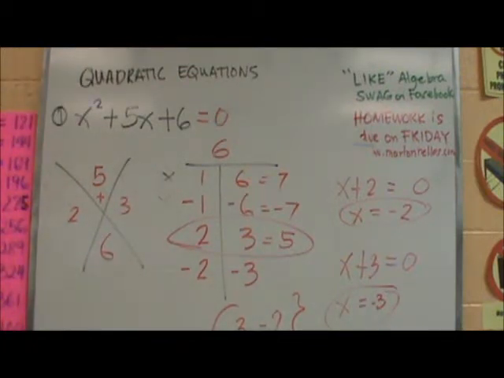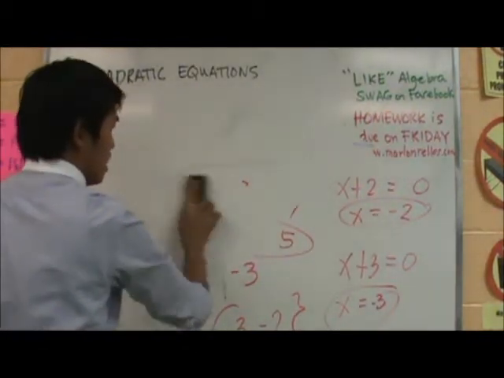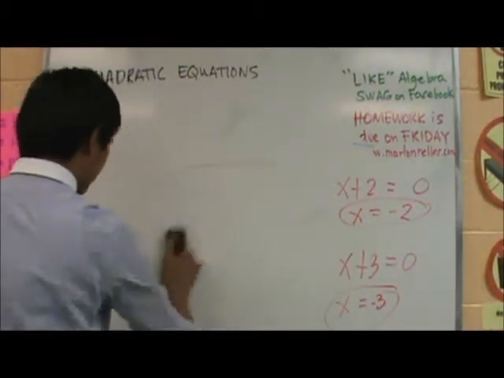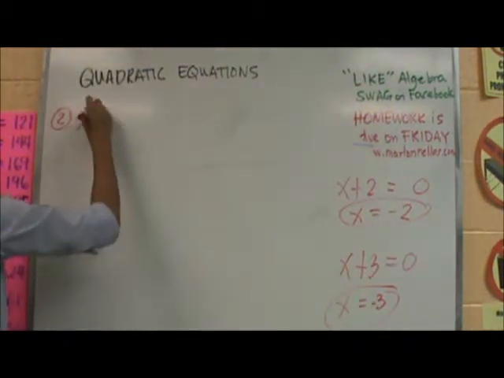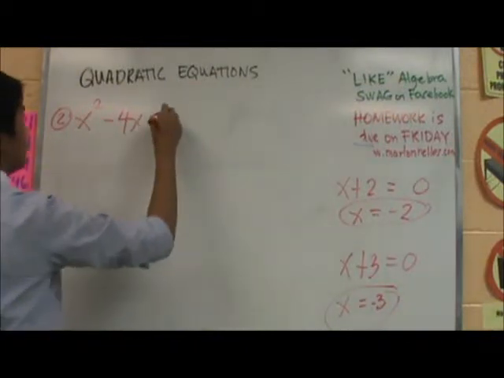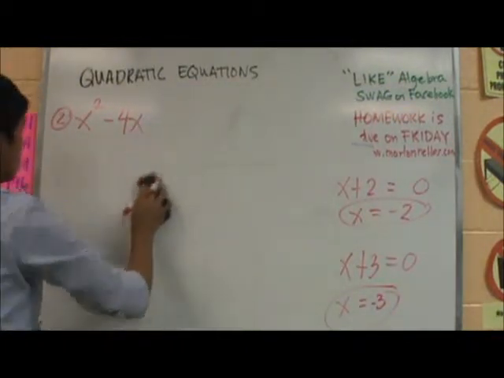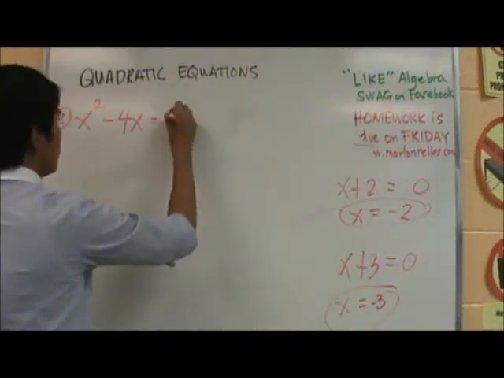Okay? Now, how about if we have, let's say, number 2, x squared minus 4x equals 12.